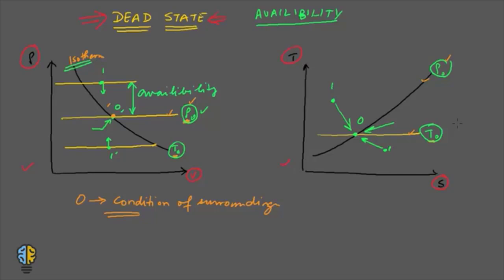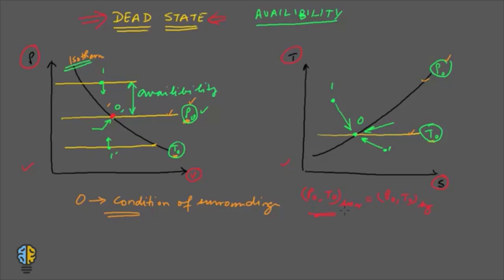Now if the state of a system departs from that of the surroundings, let us say initially the state of the system and the state of the surroundings are the same. So you have surroundings at pressure P0 T0, which is equal to P0 T0 for the system.